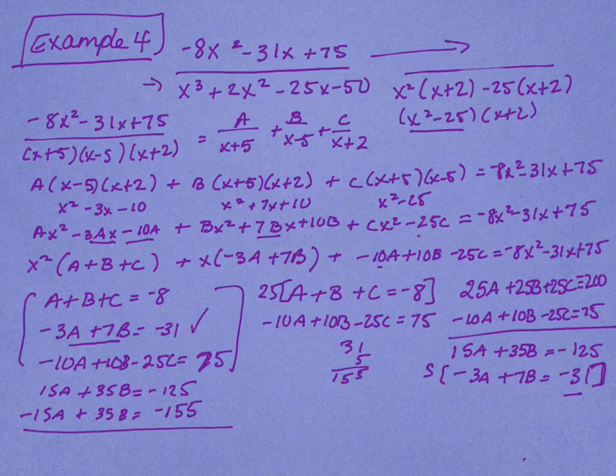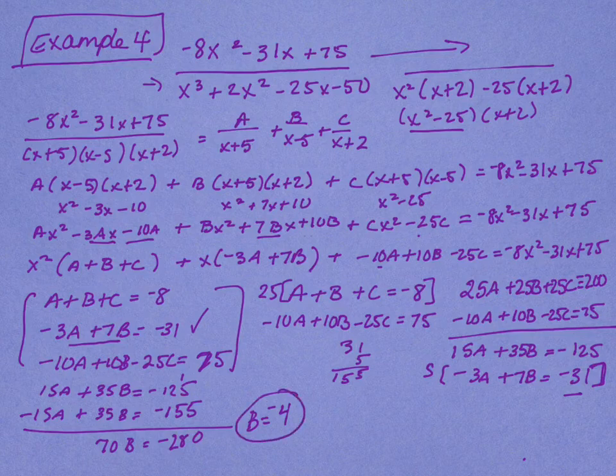So my A goes away, and I get 70B equals negative, add these two together, 5, 6, 7, 8, -280. Okay, so -280 divided by 70 would be 4. So B is -4.